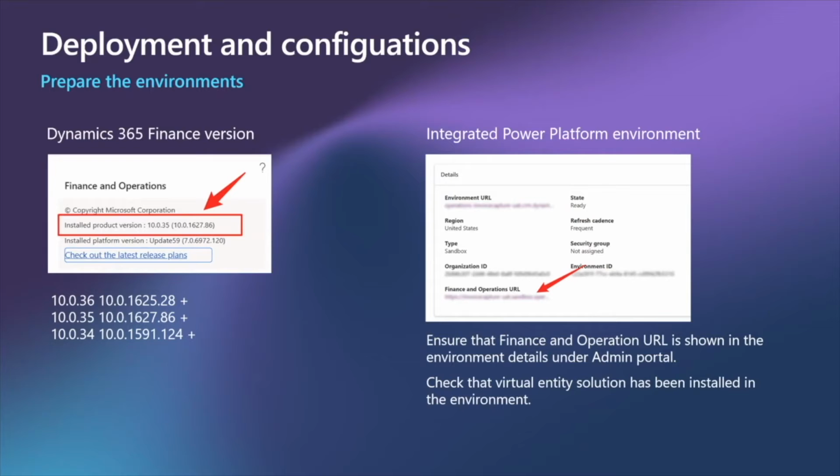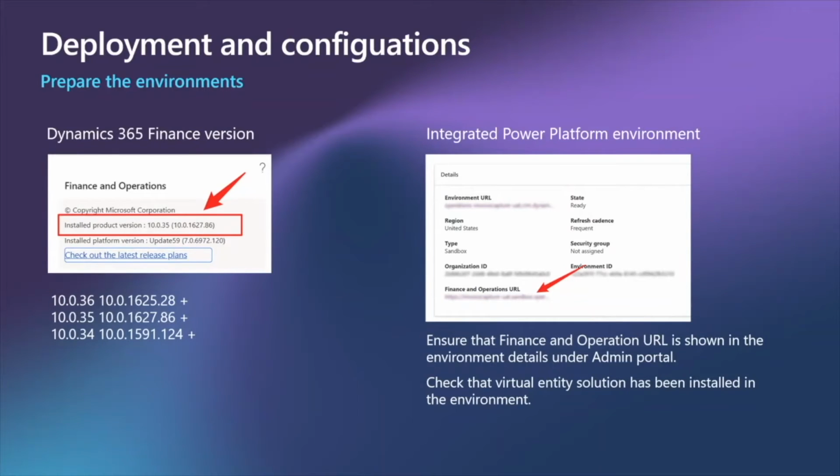In the admin portal, you can go to the environment detail to check whether you have a field called Finance and Operations URL under the environment detail form. If it's there, then it's an integrated environment. Once it is an integrated environment, normally the virtual entity solution will be automatically installed.